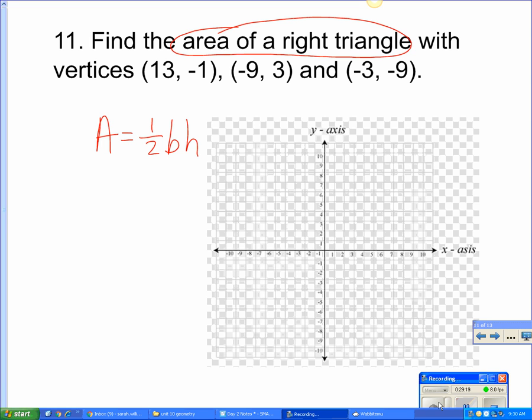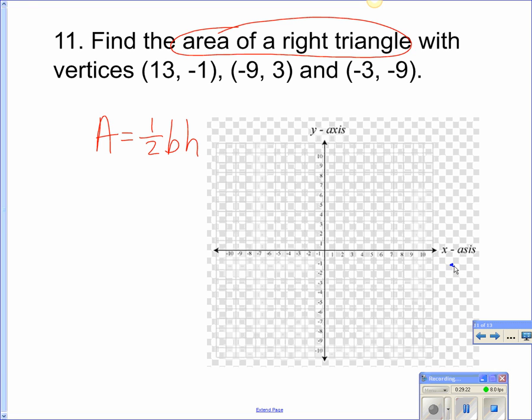All right, 1, 2, 13, -1, -9, 3, -3, -9. All right, this one is a little tricky to see.